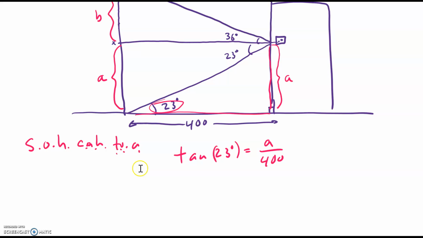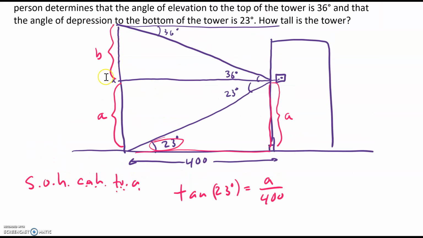Let's figure out the other side here. So we also have side B. This distance right there, the base of this triangle, is also 400.